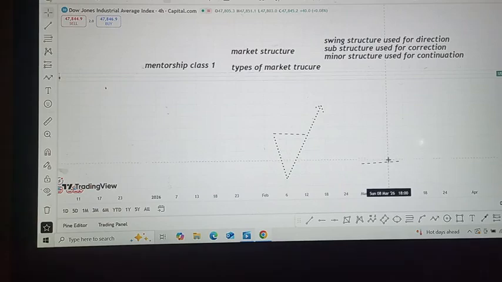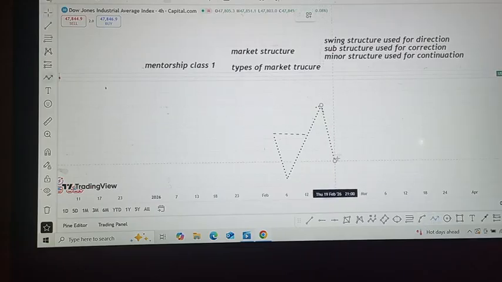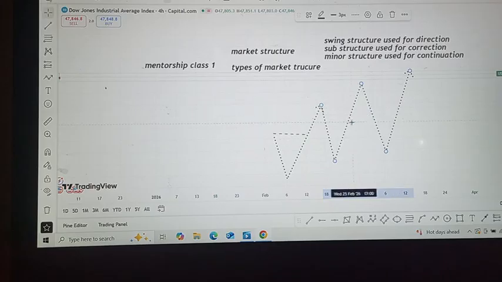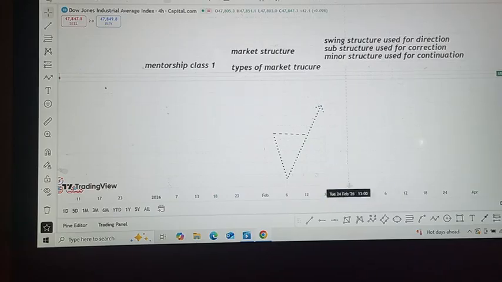And ideally, we have types of market structure, of which we said we have swing structure, substructure, then minor structure. This swing structure is where market continue creating highs and lows. The overall swing is called swing structure, either to the buy side or to the sell side.